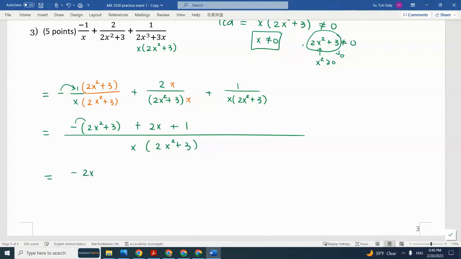We get negative 2x squared minus 3 plus 2x plus 1. Denominator, copy it. Okay, now combine the like terms. You see, we get negative 2x squared plus 2x, and minus 3 plus 1 is negative 2.